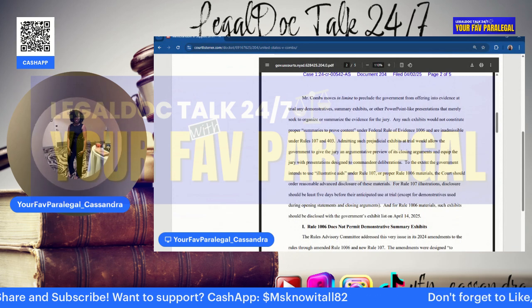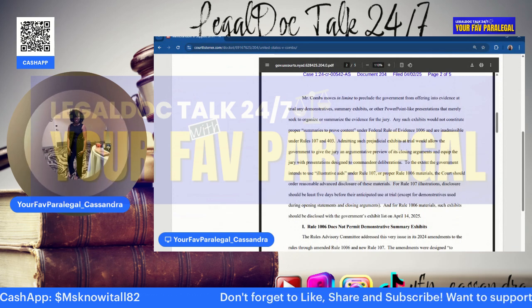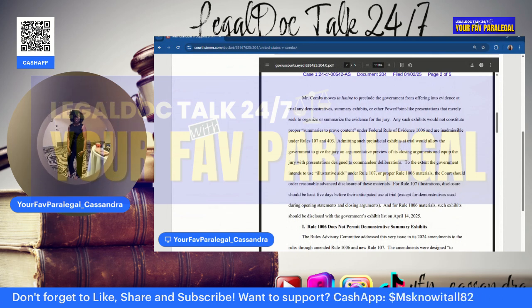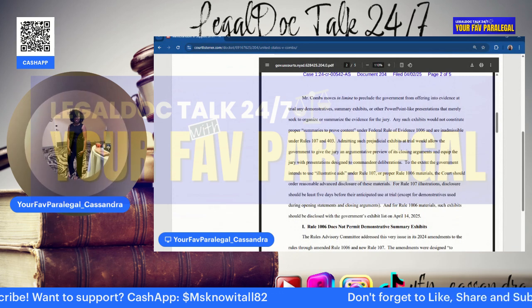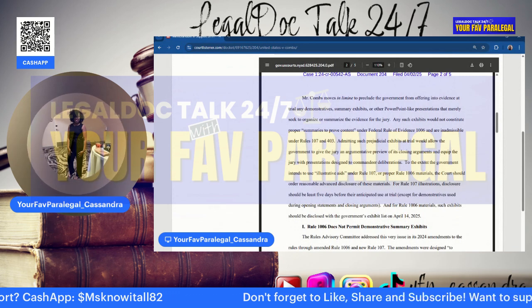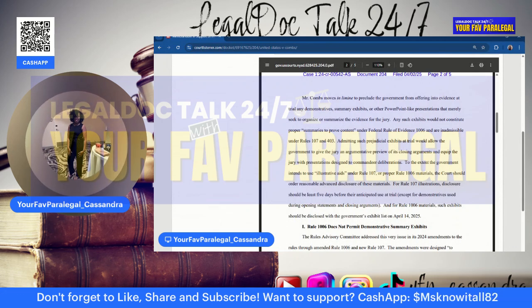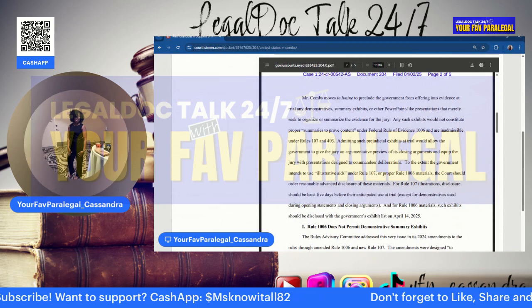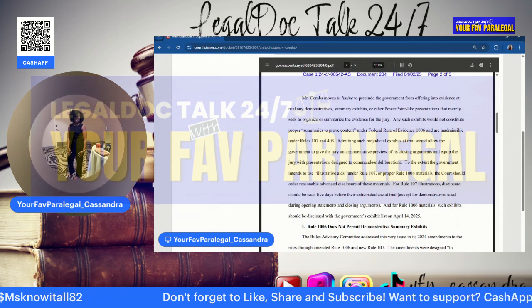Admitting such prejudicial exhibits at trial would allow the government to give the jury an argumentative preview of its closing arguments and equip the jury with presentations designed to commandeer deliberations. To the extent the government intends to use illustrative aids under Rule 107 or proper Rule 1006 materials, the court should order reasonable advance disclosures of these materials.